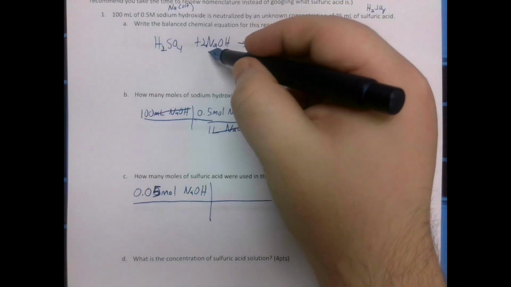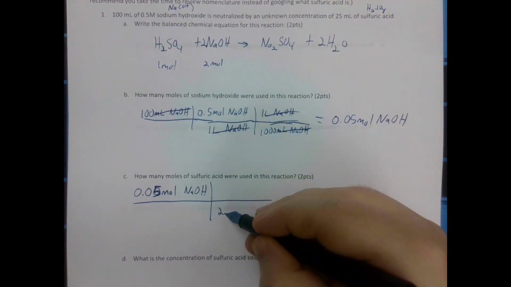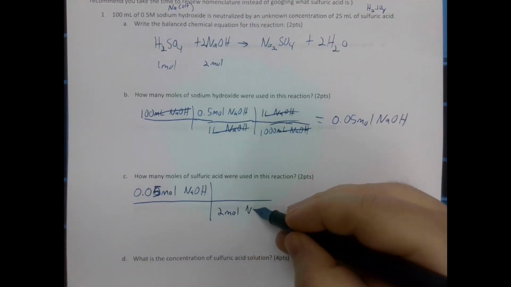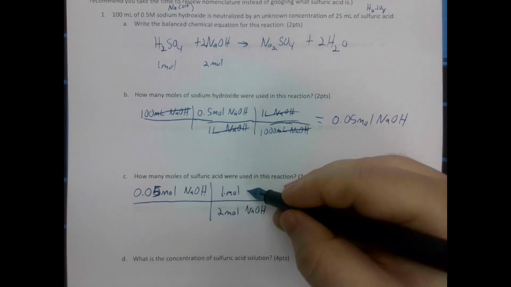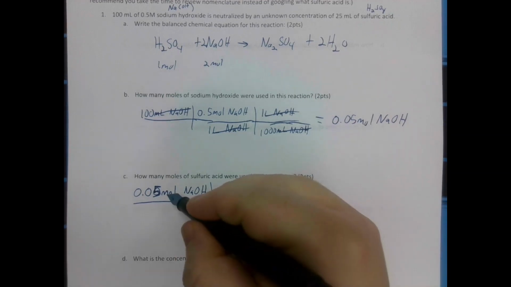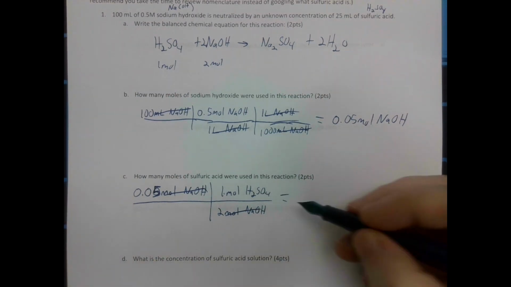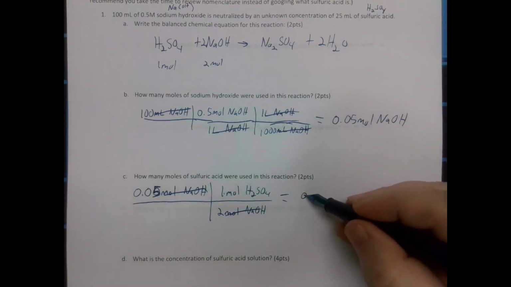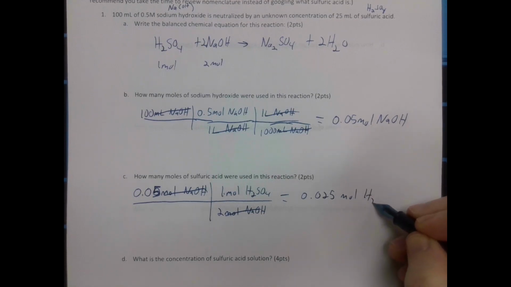So I know we have a ratio of 2 mole of this to 1 mole of that. So I know 2 mole of NaOH is equivalent to 1 mole of sulfuric acid. So mole NaOH cancels out with mole NaOH, and that gives me 0.025 mole of sulfuric acid.